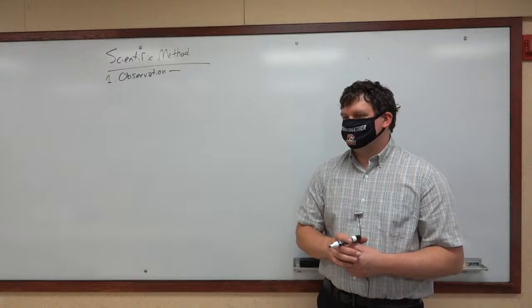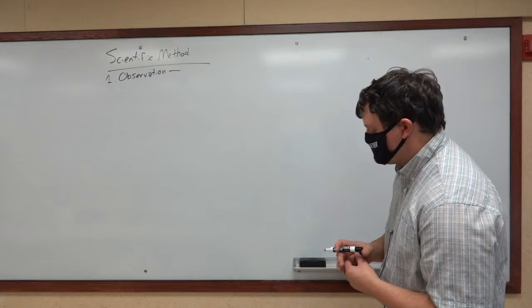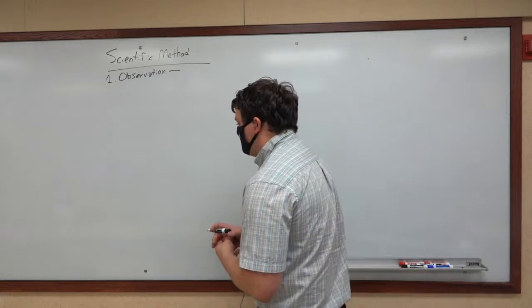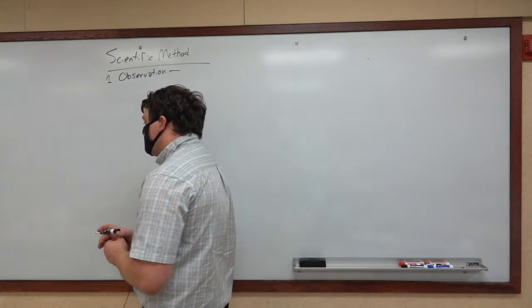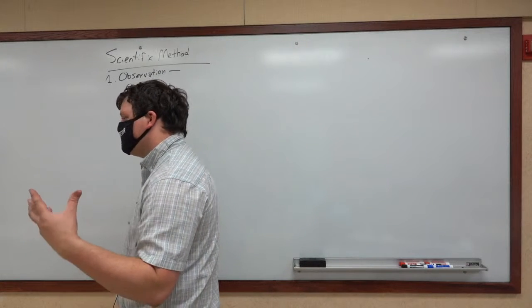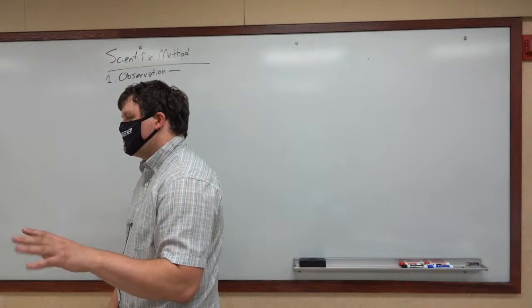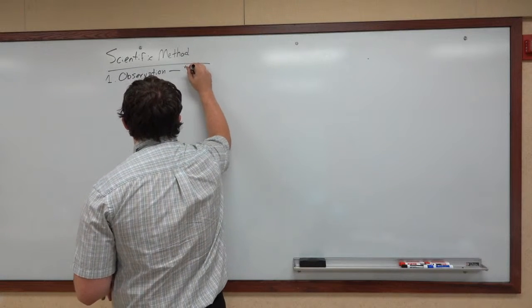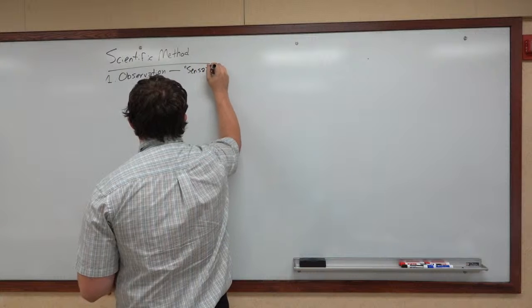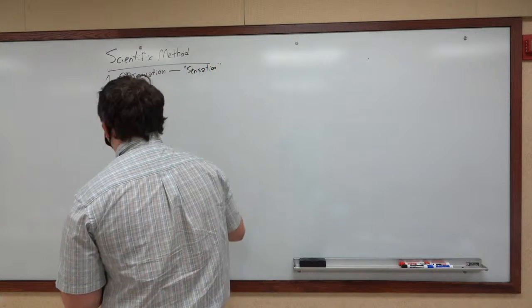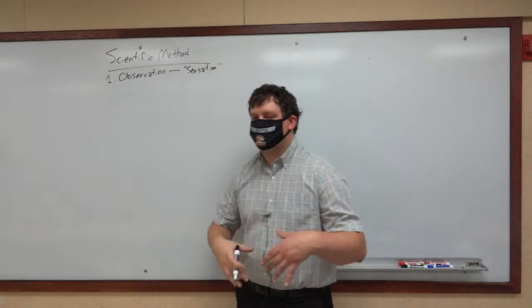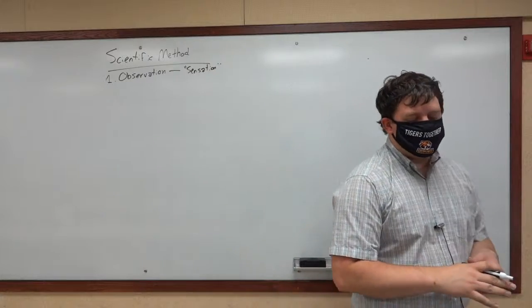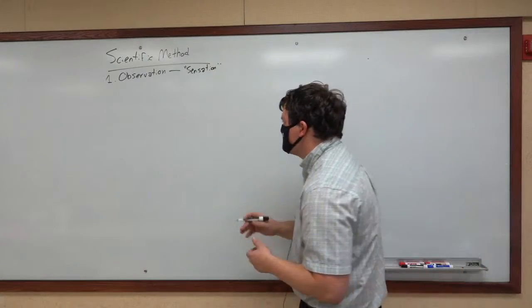An observation is a measurement. What you just said and what I just said are the same thing, but mine's a little bit more general. He says it's a sensation. It's something you can see, something you can feel, something you can sense. But I'm going to go one further and say that it's a measurement.